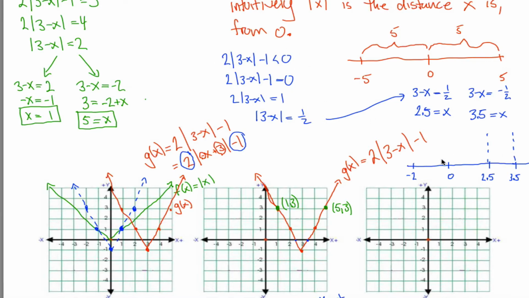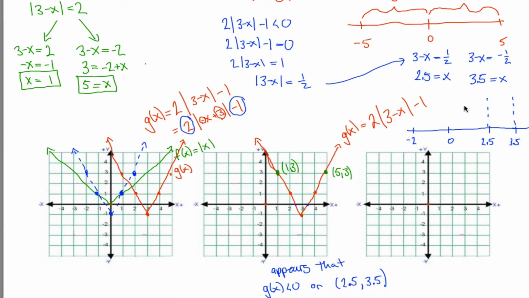And the way you do it is by creating this sign line. And so what you do is you take your 2 solutions and you note that these 2 solutions divide your number line up into 3 different regions. Right? If you split things here and here, you now have 3 different regions. One region containing all of the numbers less than 2.5, one region containing all the numbers between 2.5 and 3.5, and a third region containing all the numbers greater than 3.5.